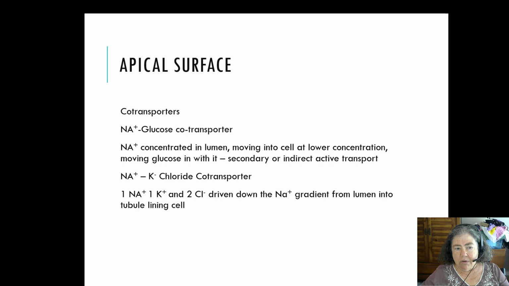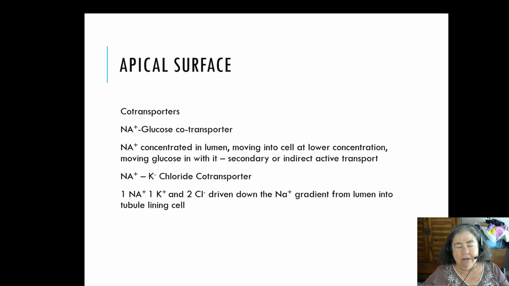There is also a sodium and potassium and chloride cotransporter. I've got my charges wrong there. It should be Na+, K+, Cl-. And this is a cotransporter that we'll see at the apical surface of the tubule somewhat later as we move along through the tubule.